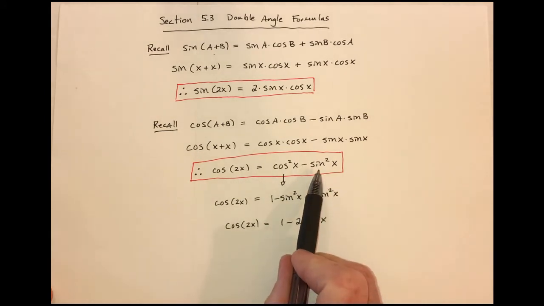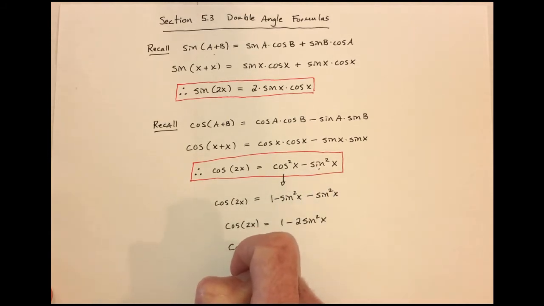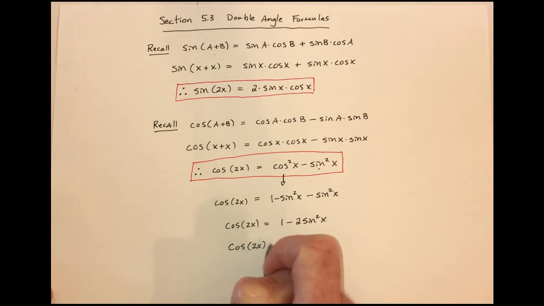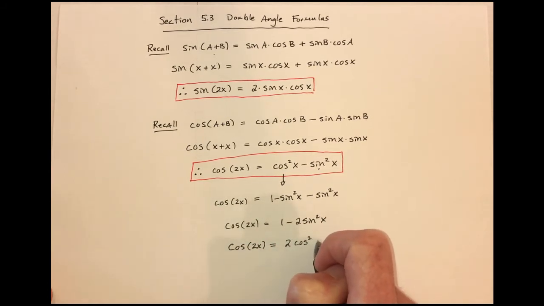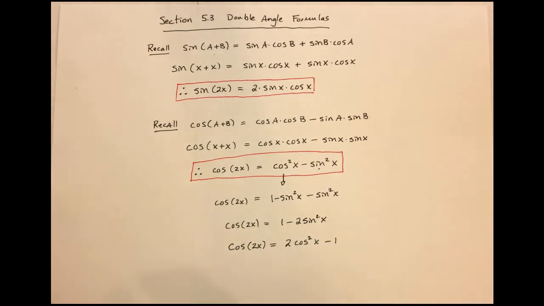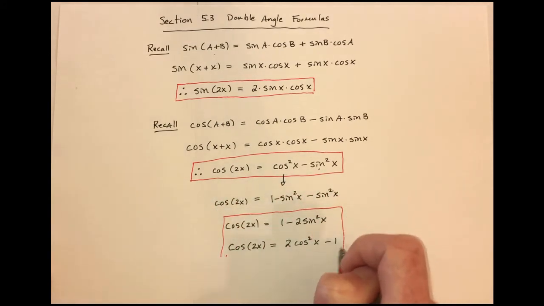I could have also taken this identity and replaced sine squared with 1 minus cosine squared, in which case it would have been 2 cosine squared minus 1. So these should also go on the 3x5 card.